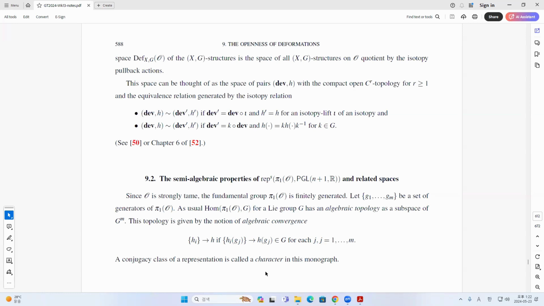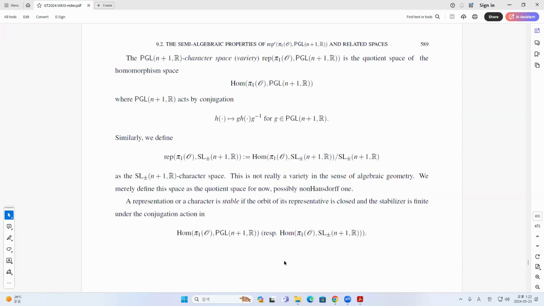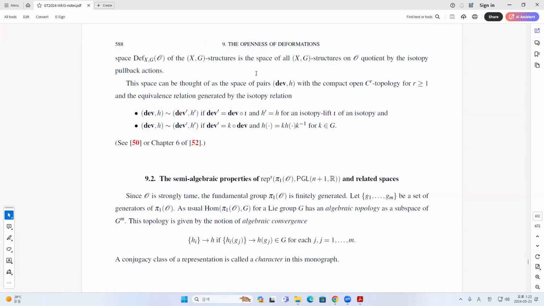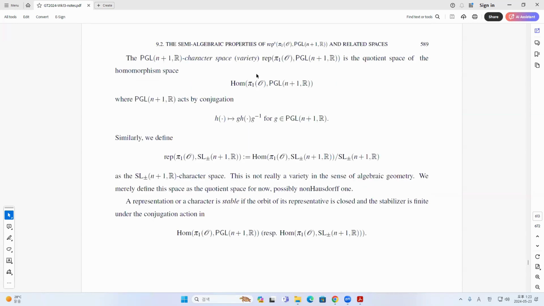The conjugacy class of a representation is called the character here, and so the character variety, or rep space, rep(pi_1 O, PGL(n+1,R)), is the quotient of this by the conjugation action.